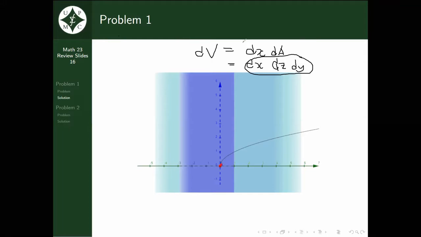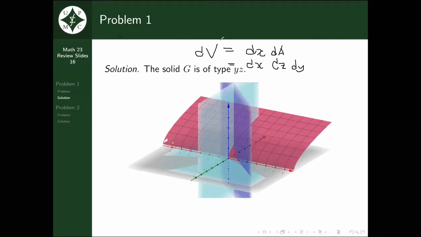So all that's left now is to find the bounds. And we'll start with dx. For reference, this is the x-axis. The bounds of this are this light blue plane over here, this light blue plane over here, and then this dark blue plane.